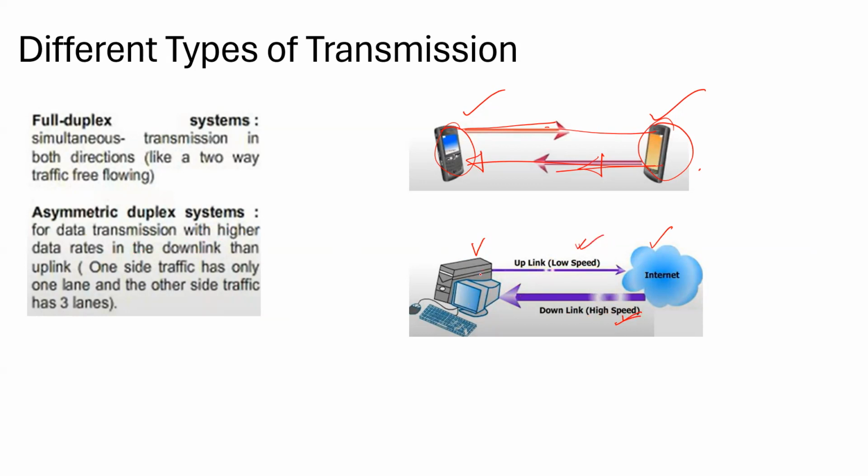So low data is transmitted from this point to this point, but higher data is transmitted from the internet to the desktop. So the downlink is high speed here. One side of traffic has only one lane and the other side has three lanes. So this is one practical example given here just by analogy. So this is the end of today's lecture.